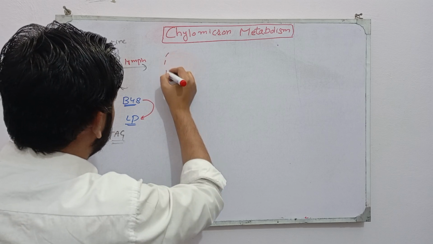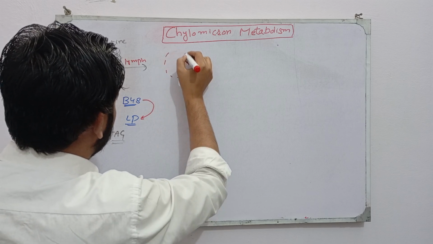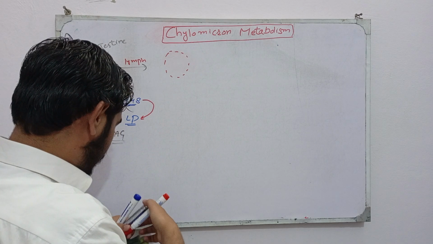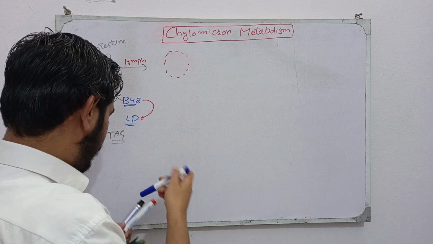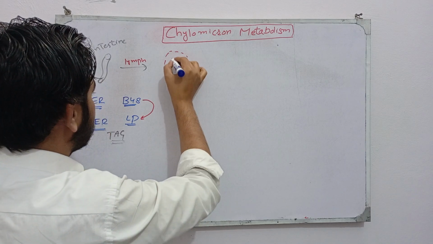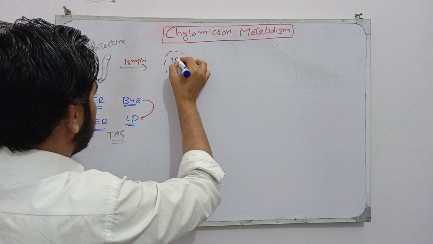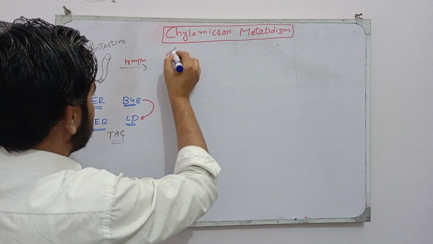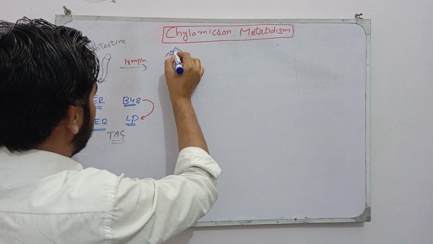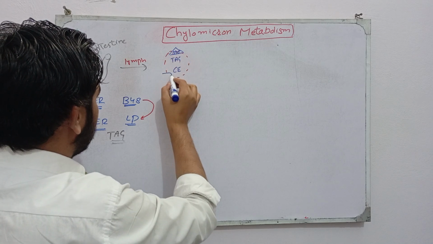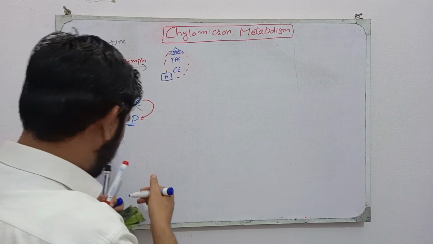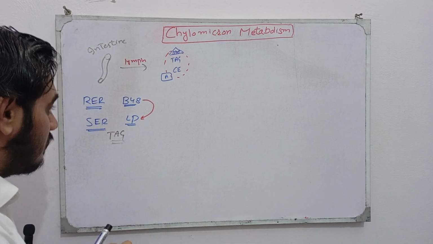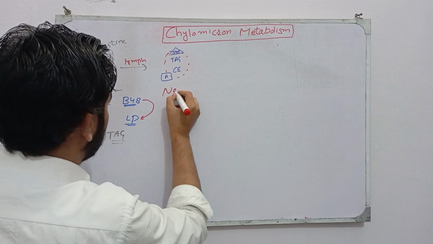Nascent chylomicron formation: triacylglycerol, cholesterol ester, Apo CIII and apoprotein. This is the nascent chylomicron.